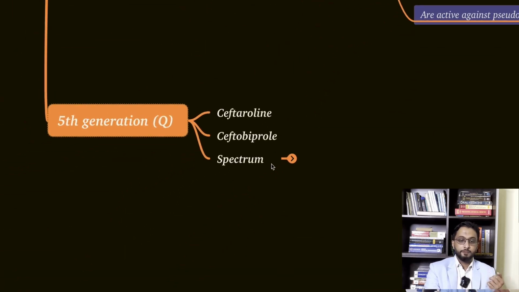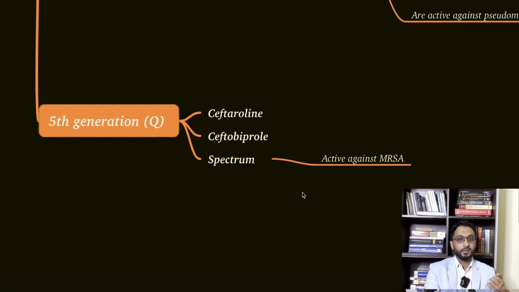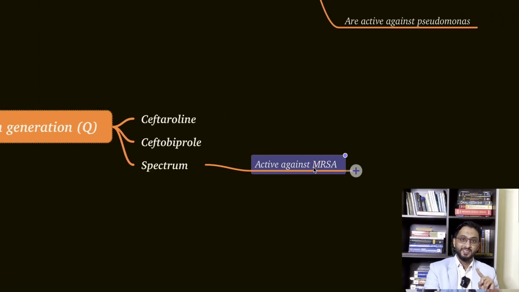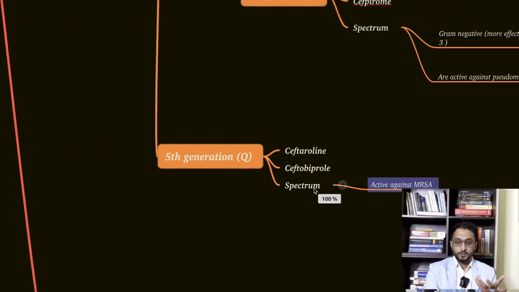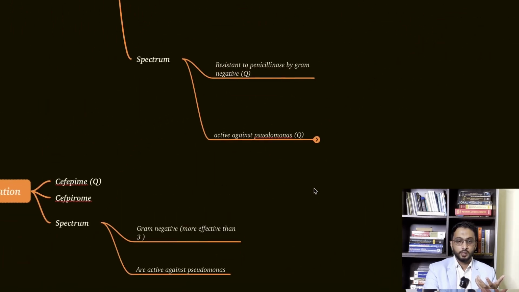Then fifth generation, MRSA. We studied newly developed drugs, which is a fifth generation cephalosporin, the one that was newly developed against MRSA. So this is a very crucial area.